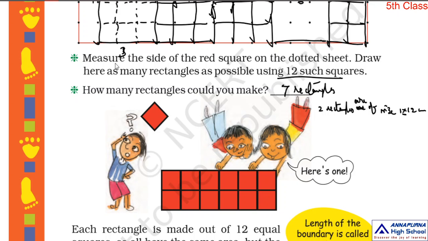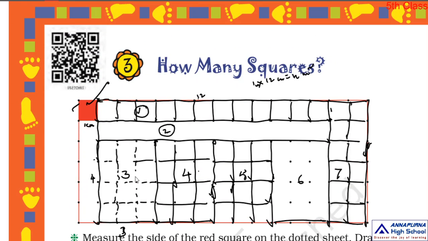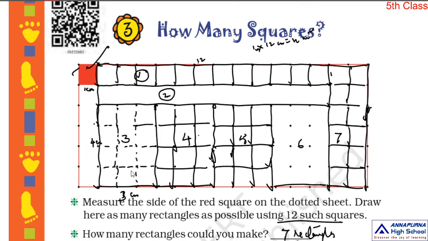Like that, the other rectangles 3, 4, 5 and 6, these 4 rectangles are of the same size, isn't it? Why? Because here it is 3 units, say 3 centimeters, and this is 4 centimeters, so its size is 3 into 4.